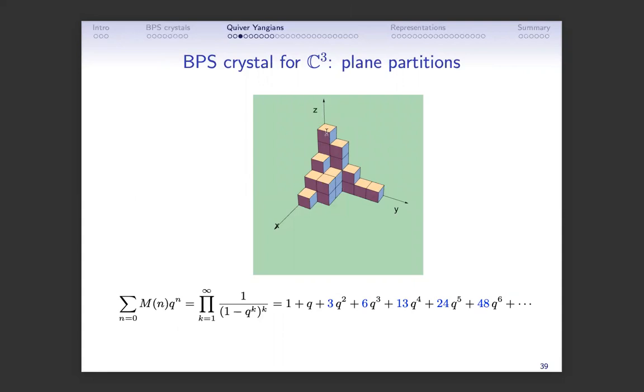This is the molten crystal for this case, where the BPS states are plane partitions. This is the generating function, which is the MacMahon function here.